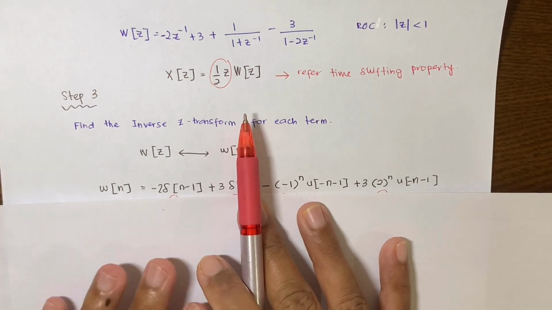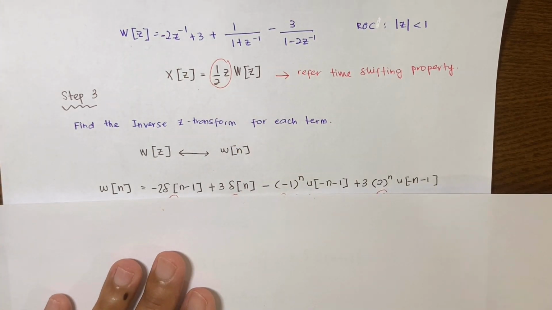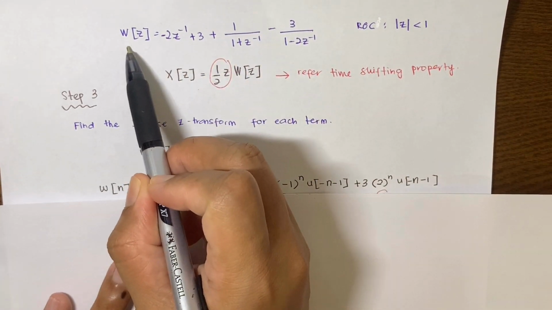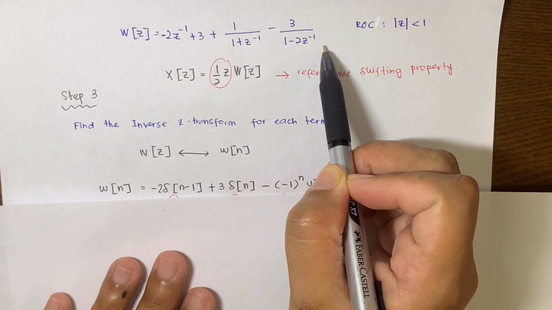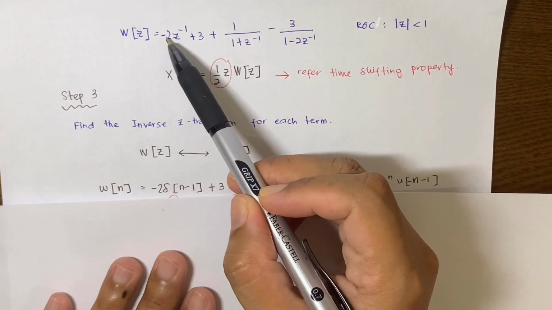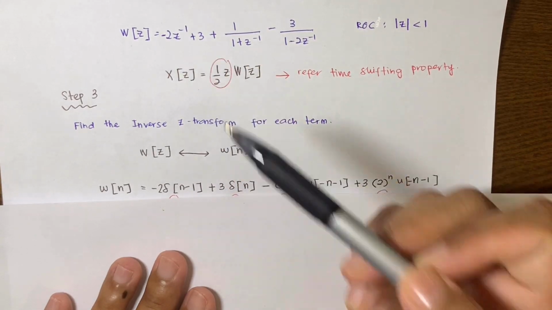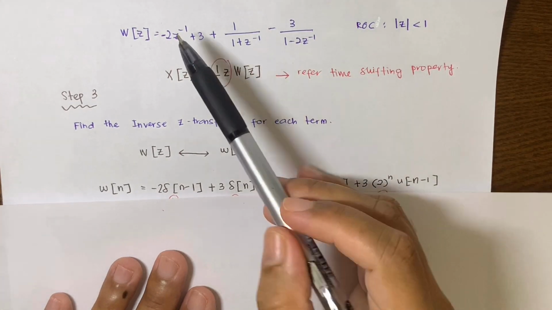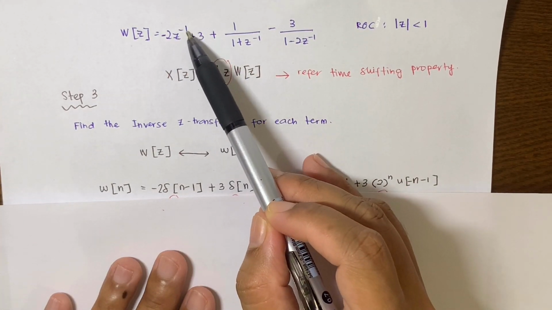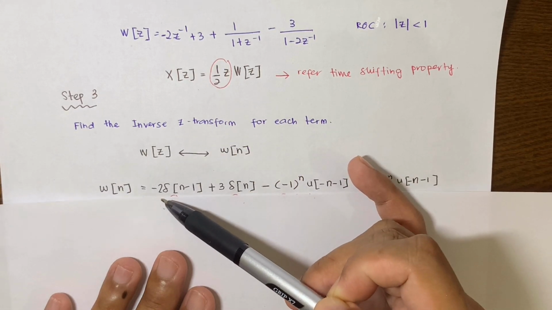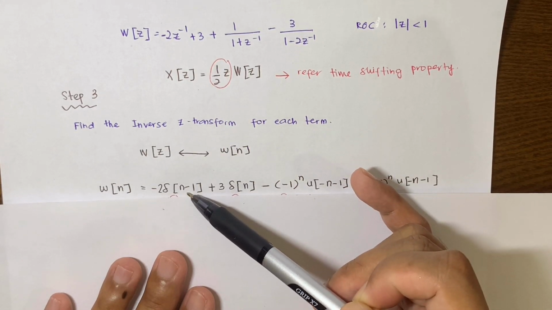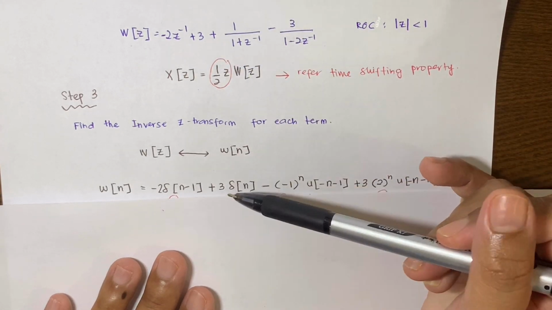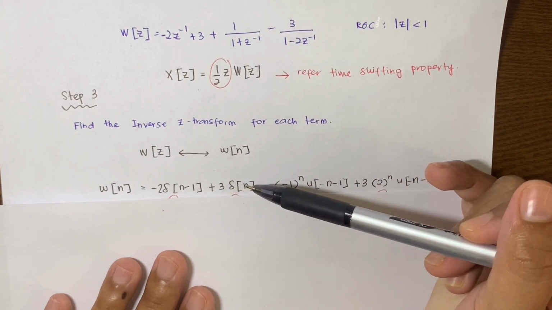W(z) is here, the expression is here. Negative 2z to the power of negative 1, refer to the table of transform pairs. Negative 2z to the power of negative 1, you will get negative 2 impulse n minus 1. Okay, 3 is 3 times impulse n.